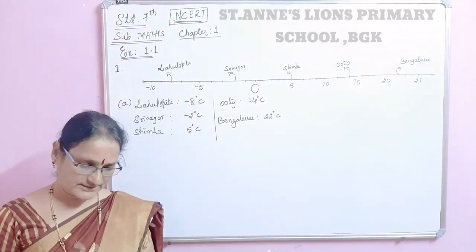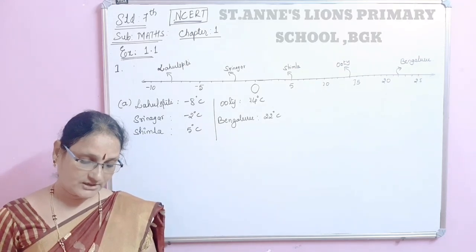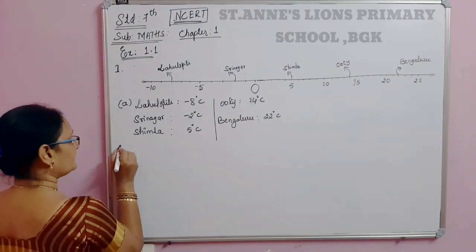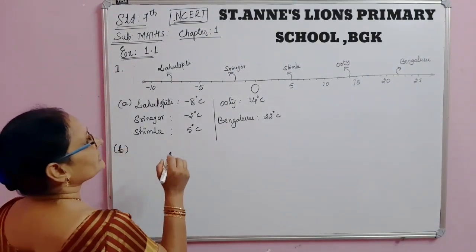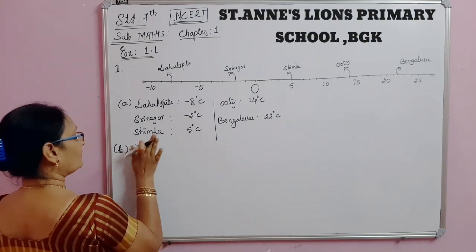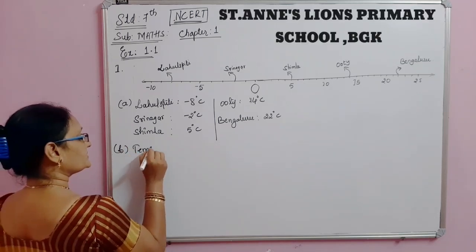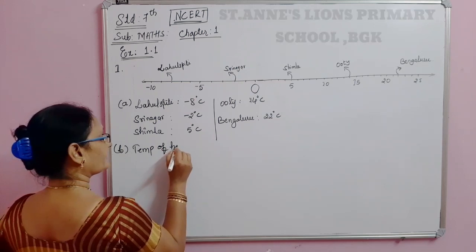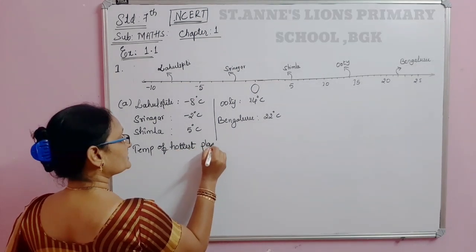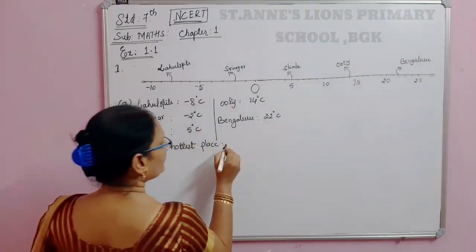Then the next question is, what is the temperature difference between the hottest and the coldest places among the above? First we will write here, that is B. Which is the hottest place? Temperature of hottest place we will write. Which is the hottest place here? 22 degree.